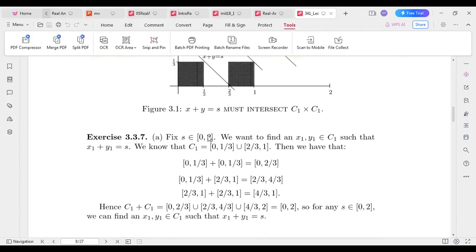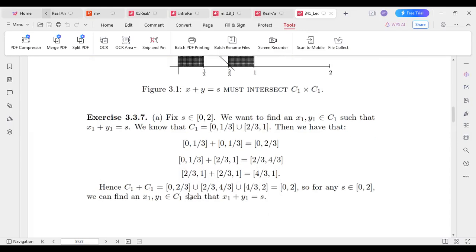Now fix s in the closed interval 0 to 2. You want to find x1, y1 belonging to C1 such that x1 plus y1 equals s. We know that C1 can be divided into two closed intervals, taking 1 by 3 and 2 by 3 inside 0 to 1. Then this plus this equals 0 to 2 by 3, and similarly this sum will be this, and this sum will be this.